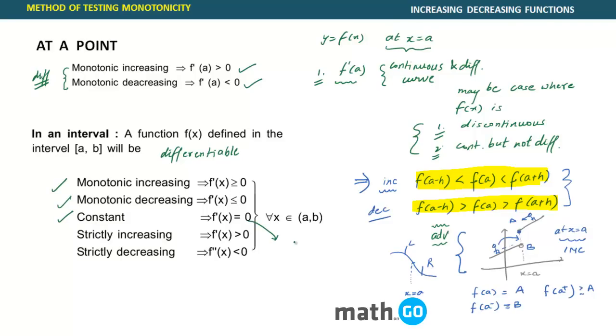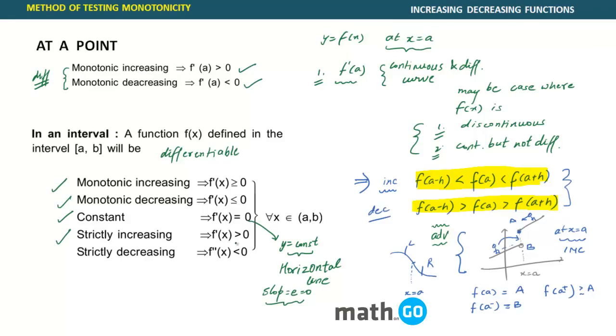Because if it has to be constant, that means y is equal to a constant, which is a horizontal line. If it is a horizontal line, the slope is 0.